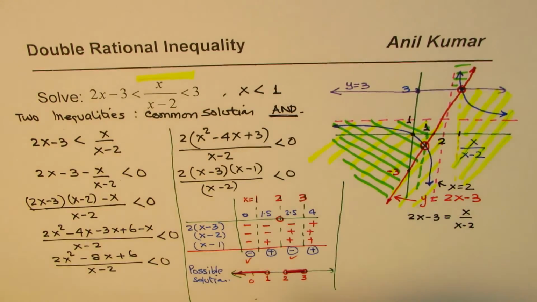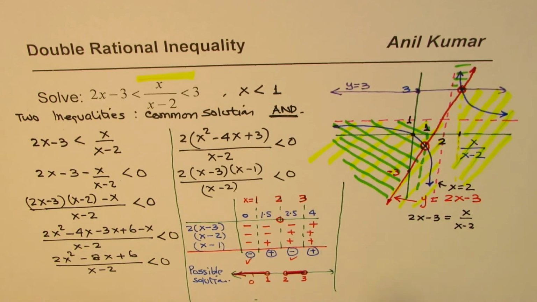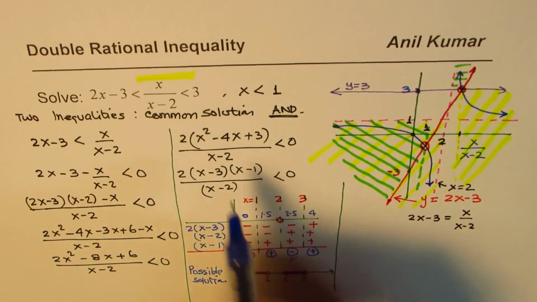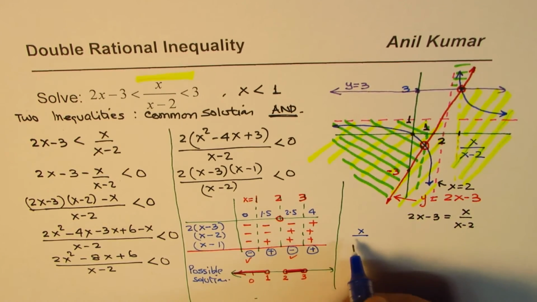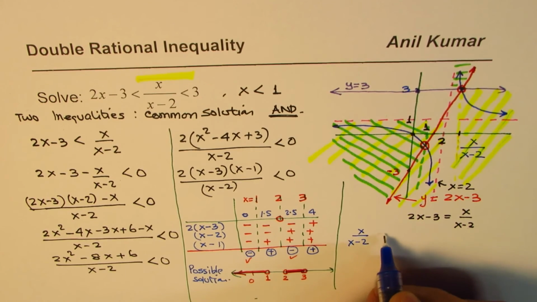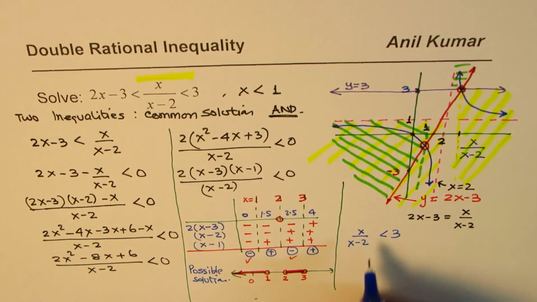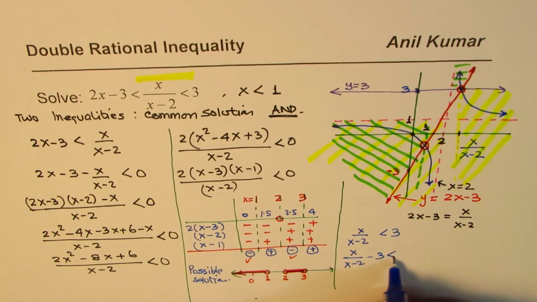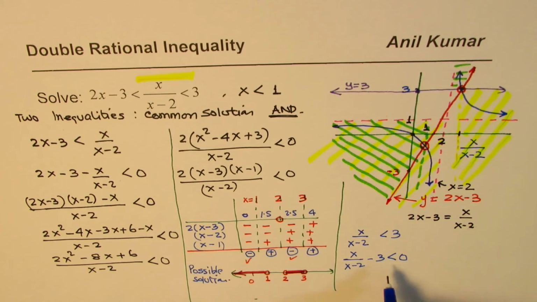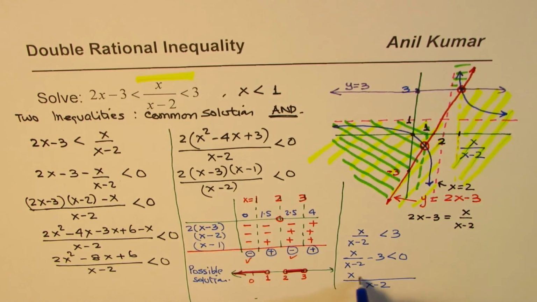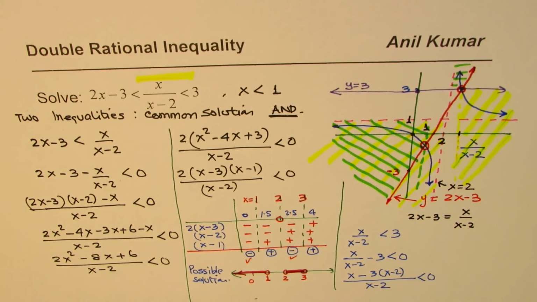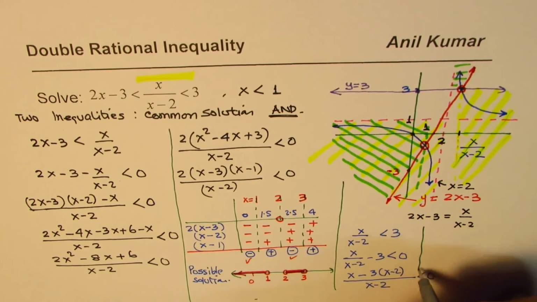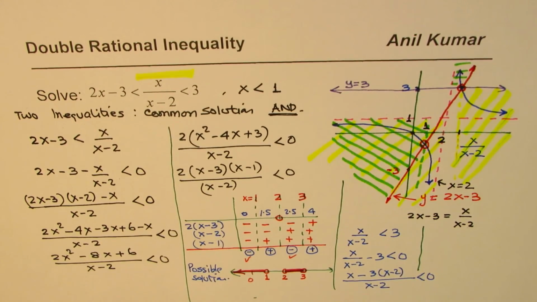Now let us solve the right side, so we are solving the next inequality, which is x over x minus 2 less than 3. We'll bring 3 to this side, so we'll have x over x minus 2 minus 3 less than 0, and then we'll take the common denominator, which is x minus 2, and we have x minus 3 times x minus 2 over x minus 2, less than 0. Okay, again running out of space, so we'll just move forward on the right side.